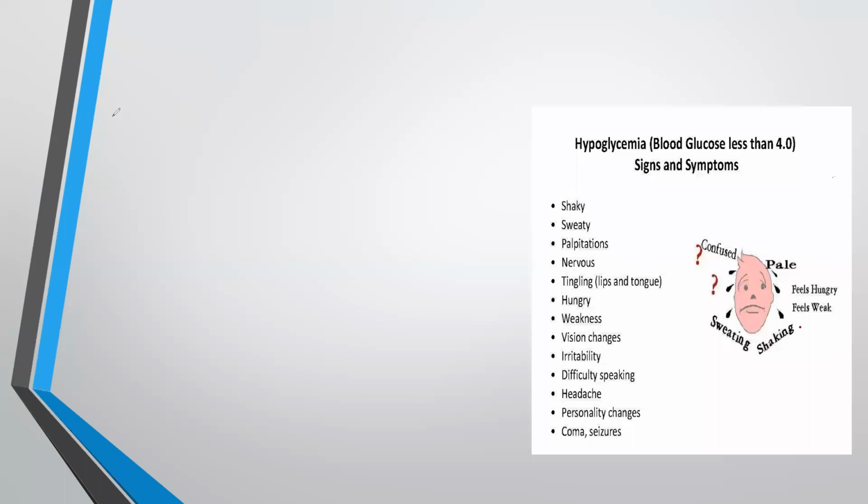So the first main symptom of a patient suffering from hypoglycemia is palpitations. Now we will understand how the palpitations occur.